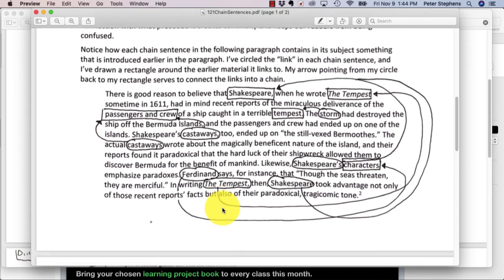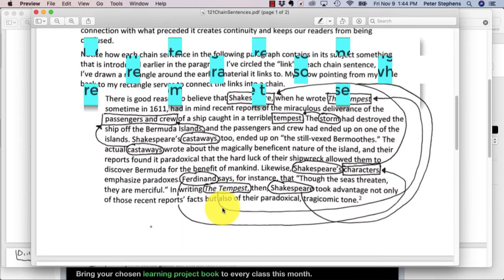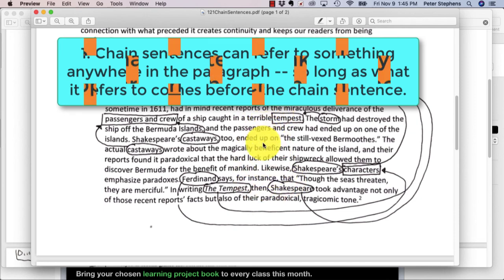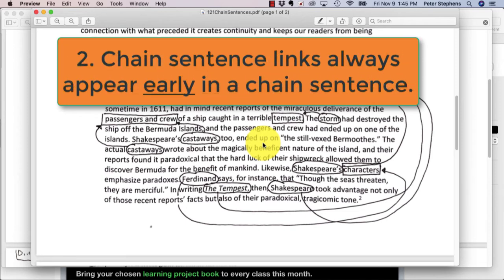So a couple things about these chain sentences to remember. One, they can refer to something anywhere in the paragraph. So when I have Shakespeare, that can be a reference not to just something in the first sentence, but something anywhere in the paragraph, just as long as it came earlier in the paragraph. And the other thing is, my links always appear early in the sentence.